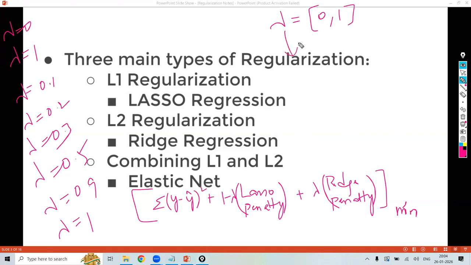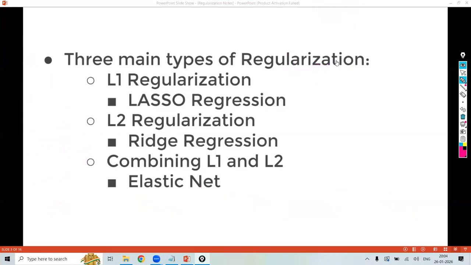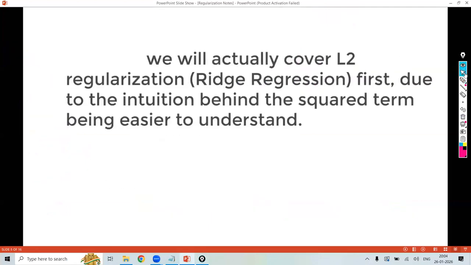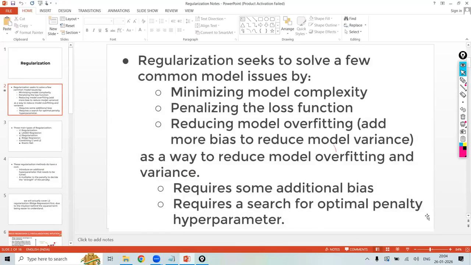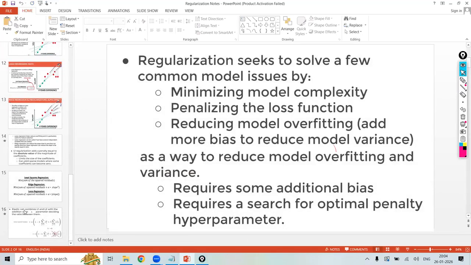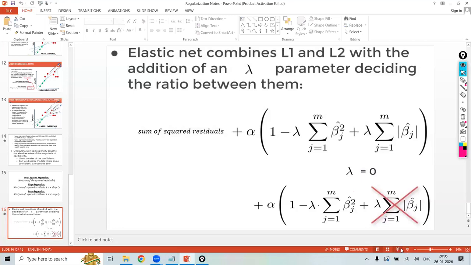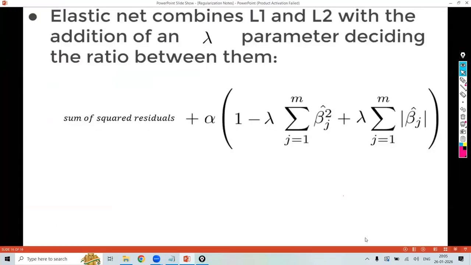Lambda is nothing but a percentage. How much percentage of lasso or how much percentage of ridge are you considering? So here, this is the equation: (1 minus lambda) into ridge plus lambda into lasso.